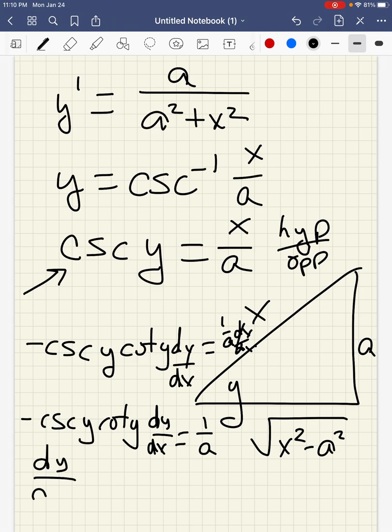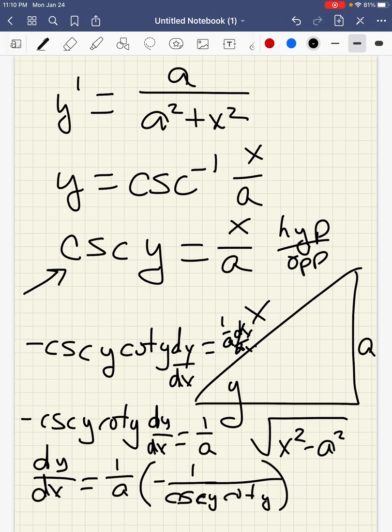So dy dx is equal to 1 over a times negative 1 over cosecant y, cotan y, because we're dividing by both of those.